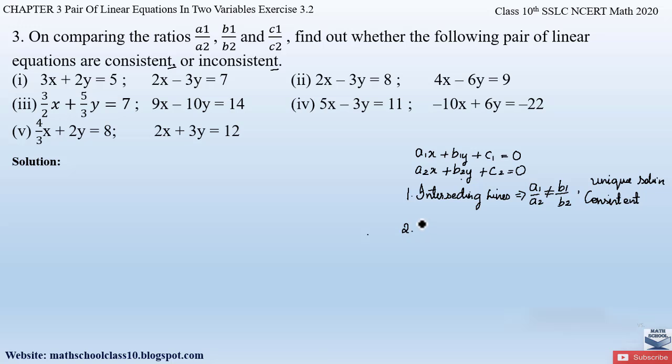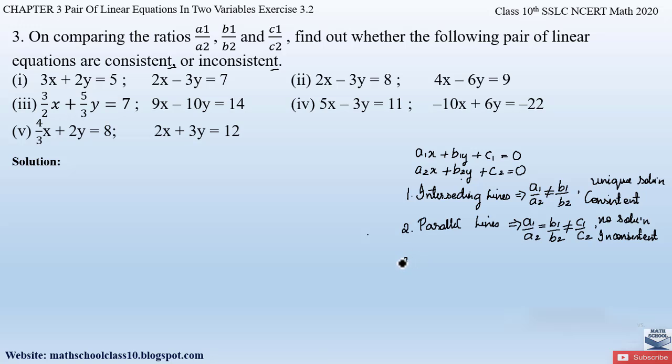The second condition is when the lines are parallel, then a1 by a2 will be equal to b1 by b2, but that will not be equal to c1 by c2. Hence we obtain no solution since the lines are parallel to each other, and so we can say that the pair of linear equations are inconsistent.